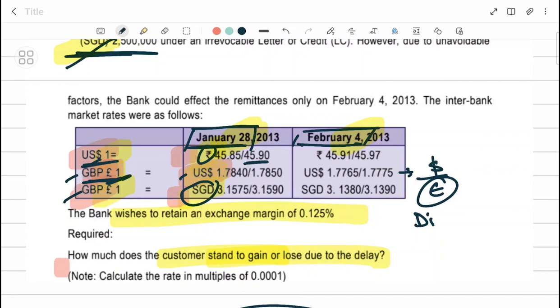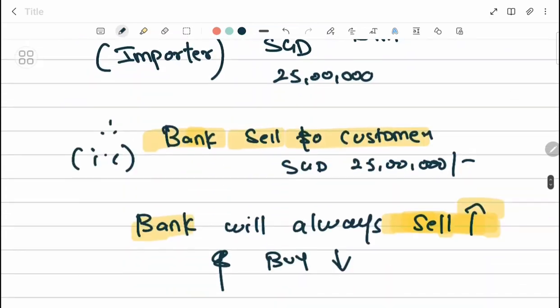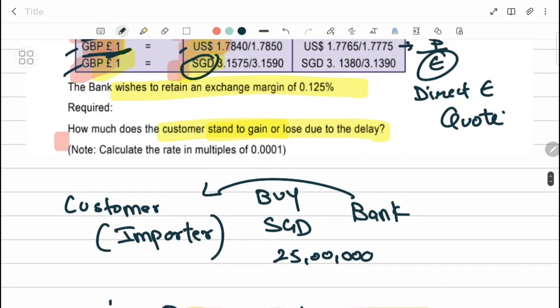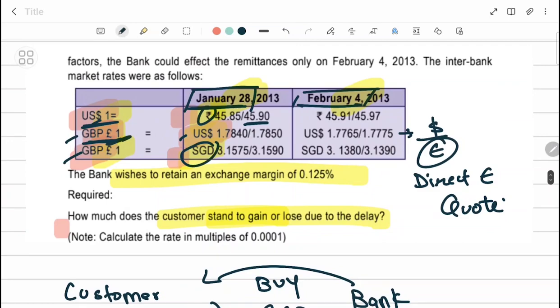So this is a direct pound quote. And do we need a direct pound quote? Yes, fortunately we need a direct pound quote. So this has to be ask, this is also ask. So higher, so we take 1.7850.